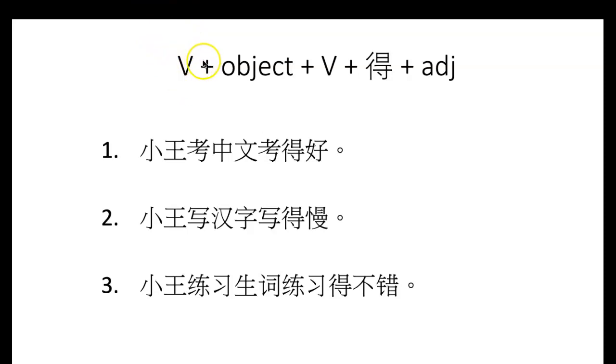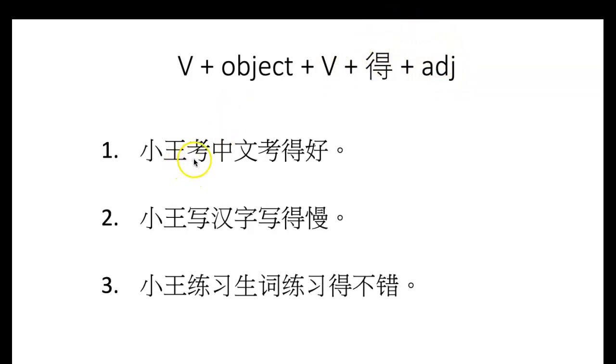So you need to have a verb, an object, repeat the same verb, and you have to use this de, although it doesn't mean anything per se, but in the context, you need to use this de to introduce an adjective, and here it's used as a complement to describe the verb.